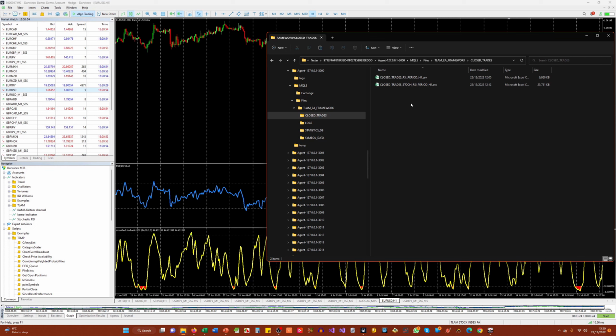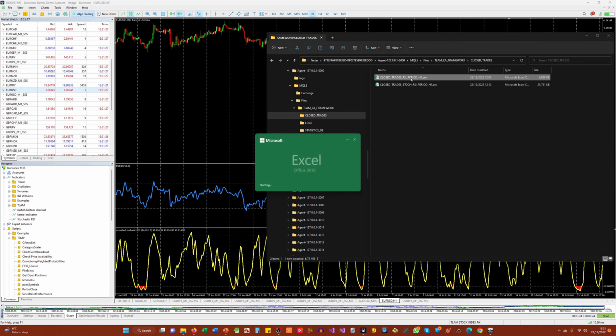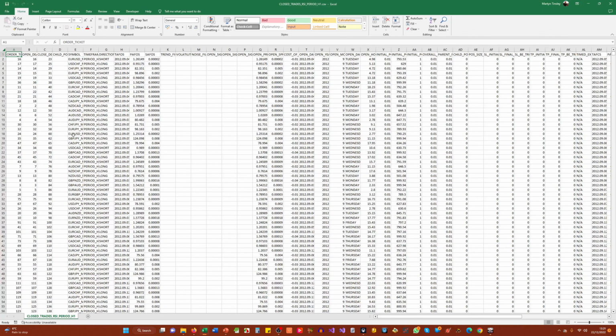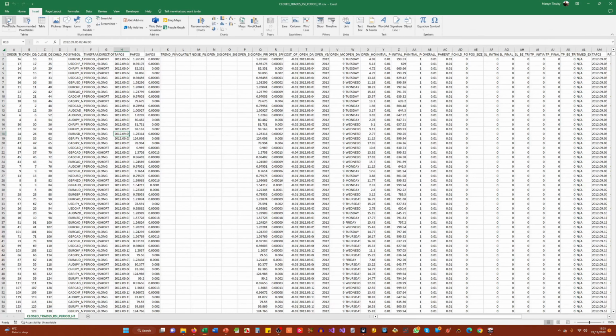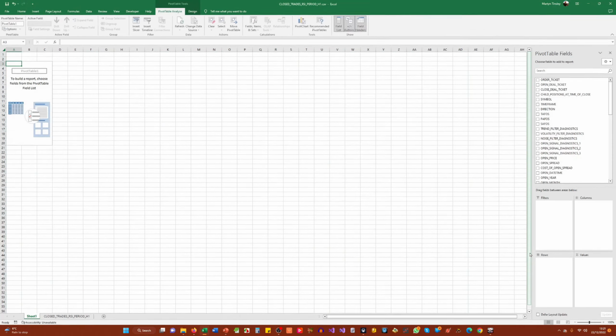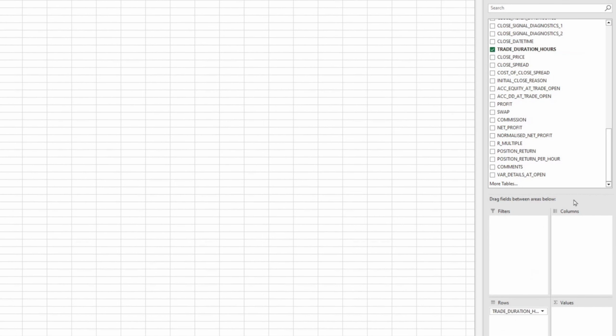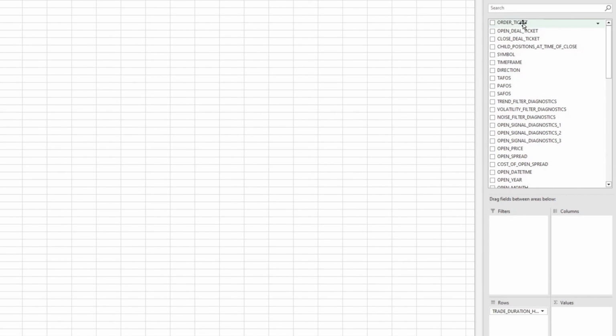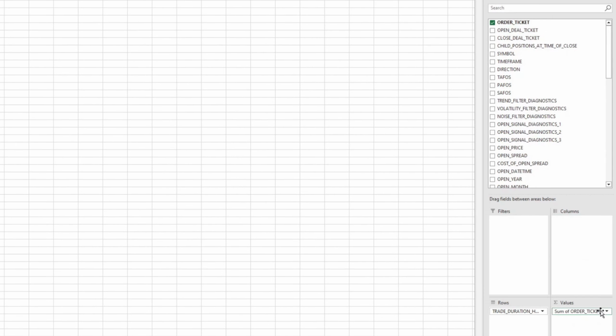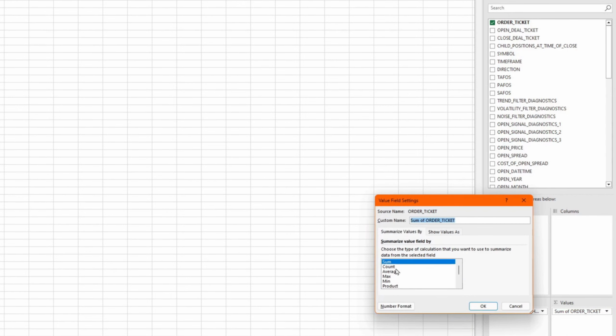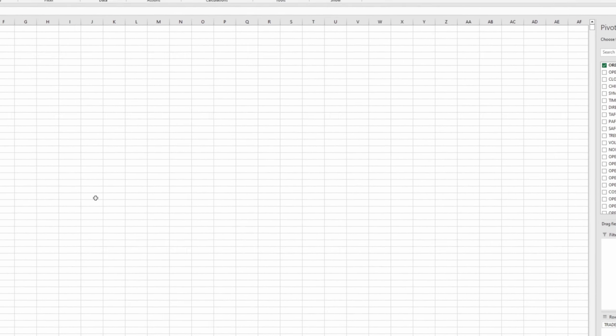So here I have two files that contain all of the trades that were opened by the standard RSI strategy and all of the trades that were opened by the stochastic RSI. Let's take a look first at the RSI, since that's what we've been concentrating on in this episode. So I'm going to create a pivot table of all of the trades, and I'm going to look at the trade duration in hours and perform a count of the number of orders that were performed for each of those.